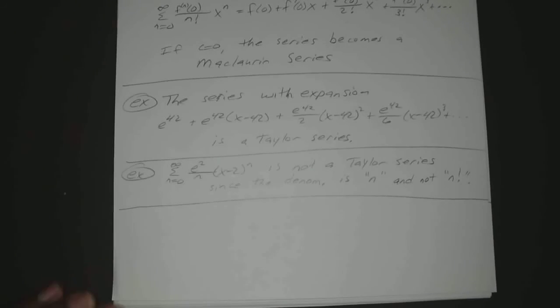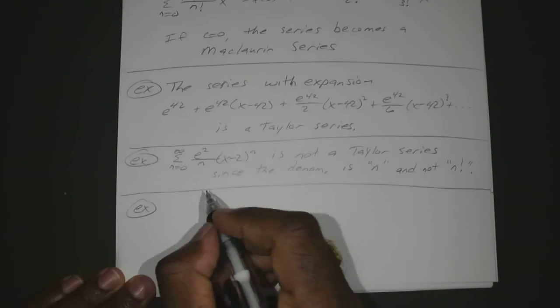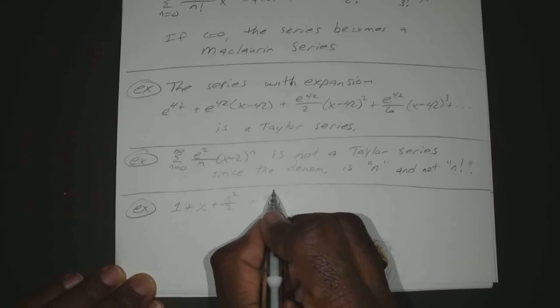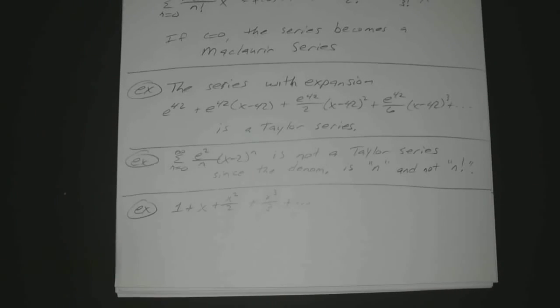All right, so if we had, let's say, 1 plus x squared over 2 plus x to the third over 3, and so forth and so on, then that would be your Maclaurin series.